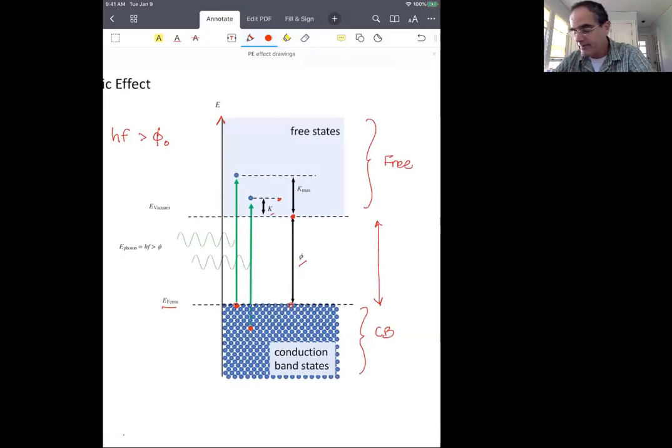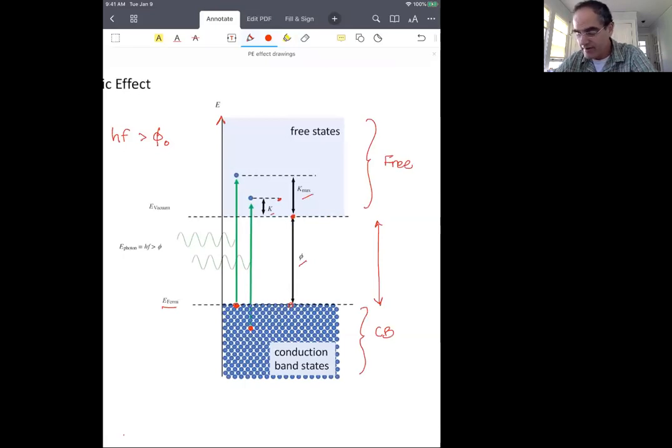So you can immediately see that the first case, where we take an electron from the highest energy occupied state, is kind of special because those electrons have a kinetic energy which is the maximum possible kinetic energy. Okay? Other electrons could have less kinetic energy, but no electron can have more.